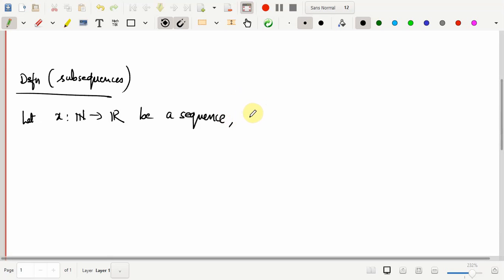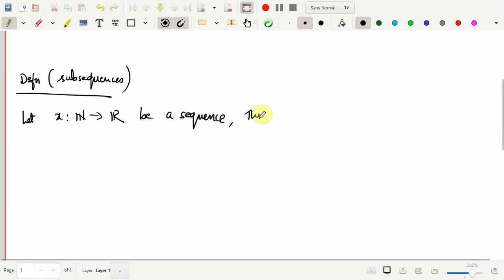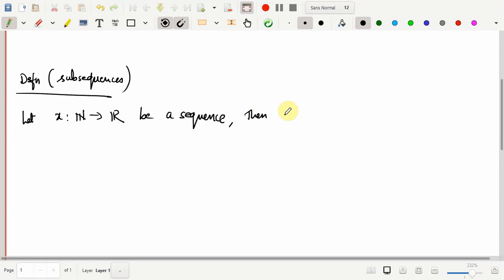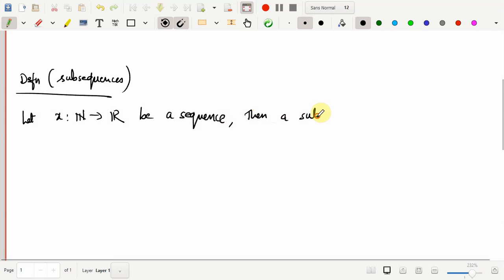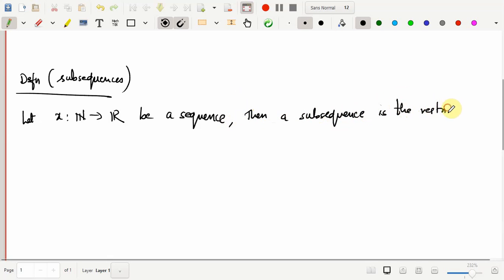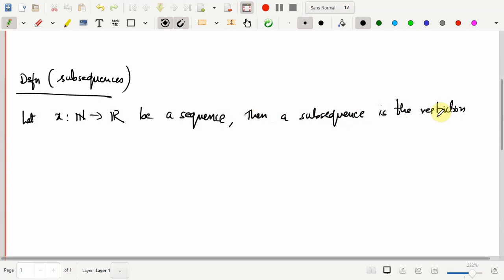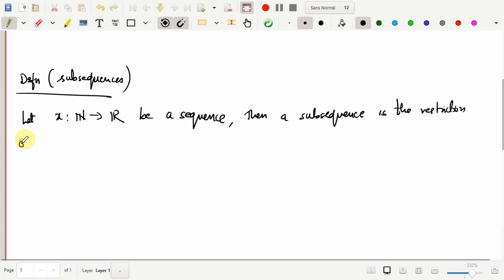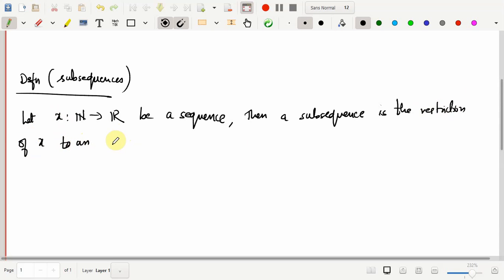Then a subsequence is the restriction of x to an infinite subset S of N. This is again a mathematical term: understanding the concept of a function, one can very well define the restriction of a function.